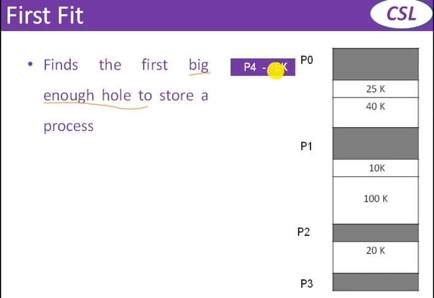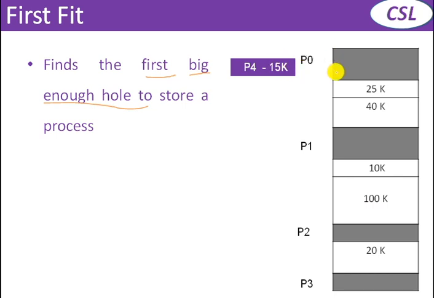This 15K can be allocated on the 25K partition, 40K partition, 100K and 20K. So there are 4 partitions available to accommodate P4. But based on first fit, we need to identify the first big enough hole, which means we check from starting to ending.